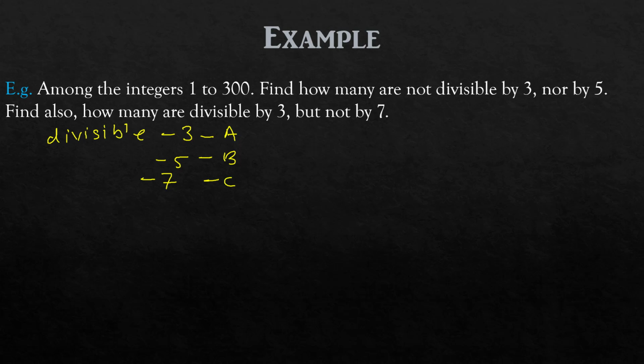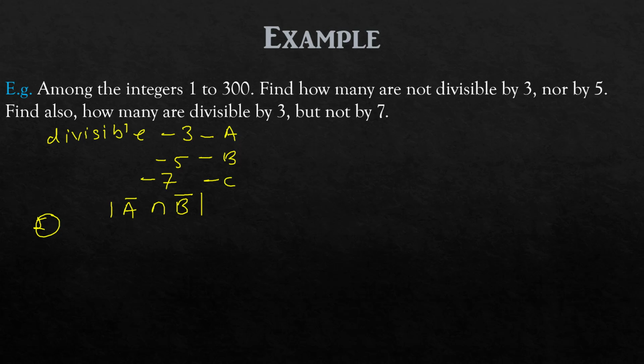And not divisible by 7 means we get C complement. So first one, what do we have to find? The numbers which are not divisible by 3 nor by 5. So not divisible by 3 means we get A complement and not by 5 means B complement, so we have to find the intersection of not divisible by 3 nor by 5.